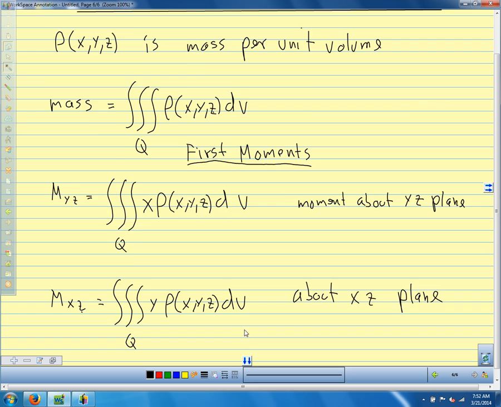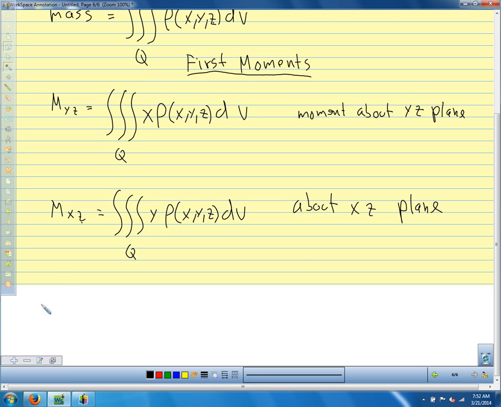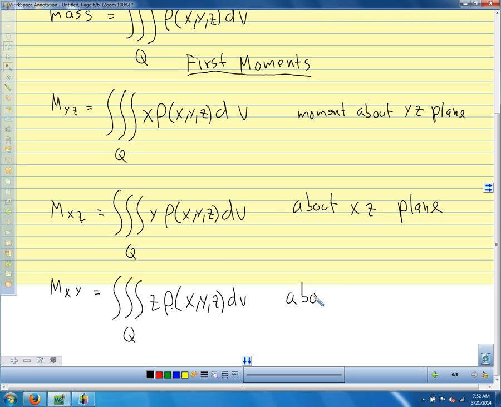So that's our moment about the xz plane. And the moment about the xy plane, the distance from the xy plane is z. Triple integral of z times our density function. So that's about the xy plane.